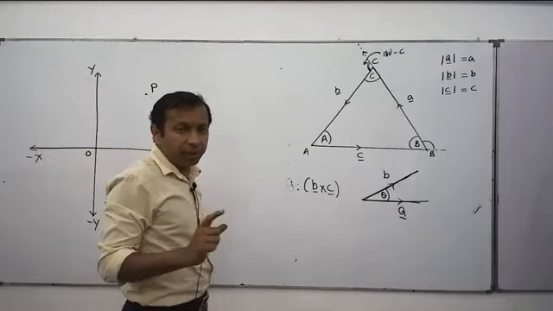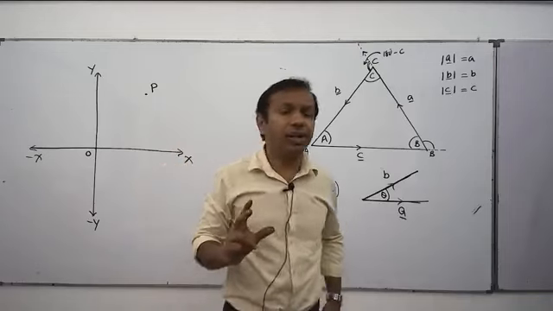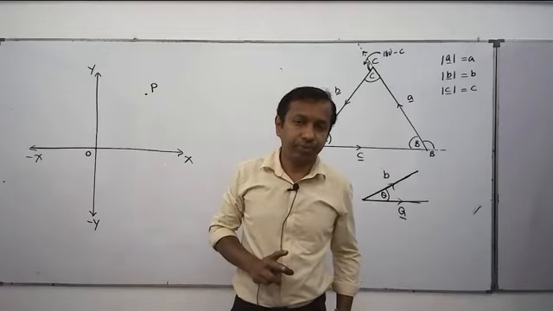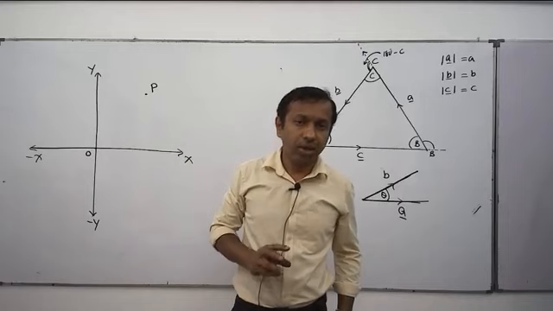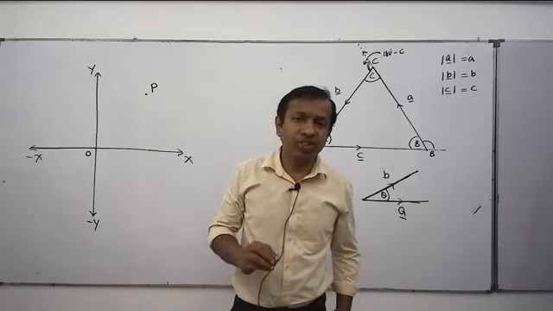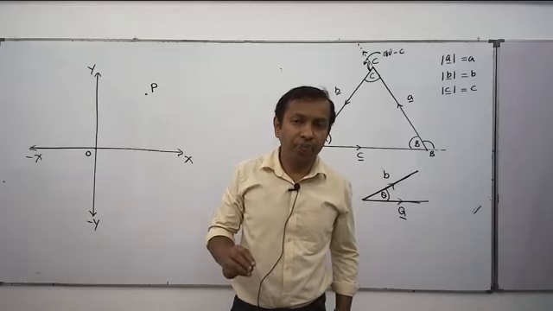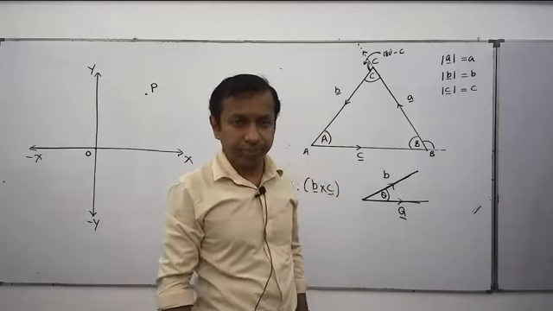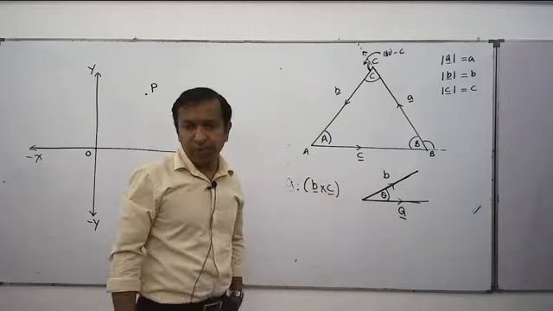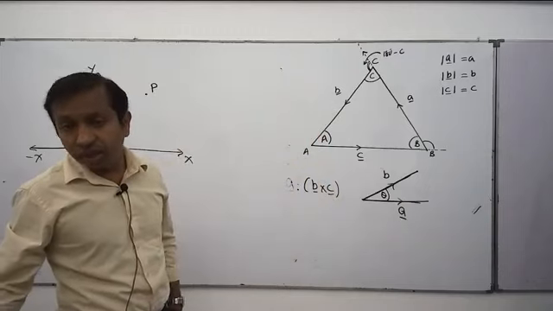People, tell me, how many data must be given to this person at O to reach the point P? Only two data. What are the two data?